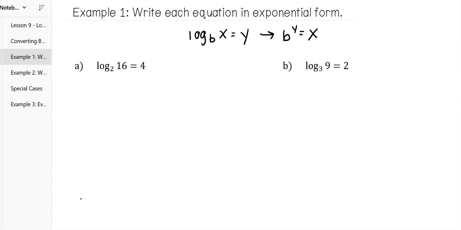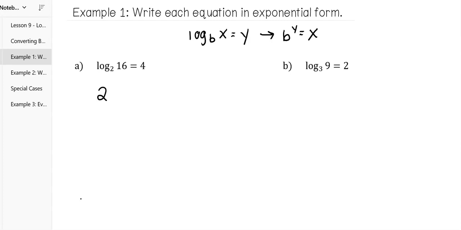Okay, so we've got log base b of x equals y. Log base 2 of 16 equals 4, and we want to convert this into exponential form. So the first thing we have to identify is our b. So log base b, in this case 2 is our b. So I'm going to start off by writing the 2.